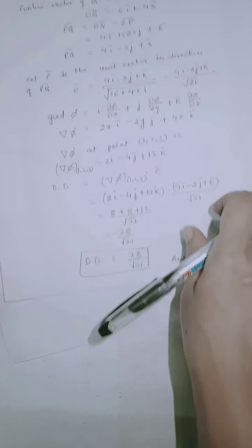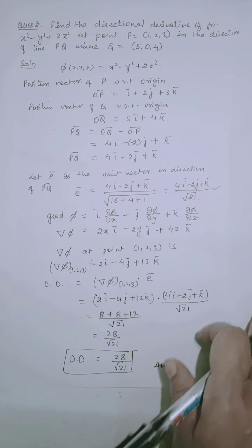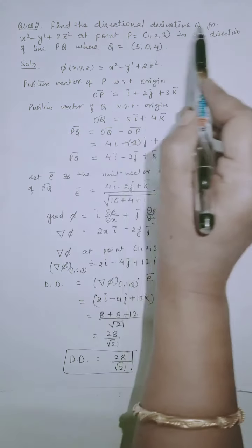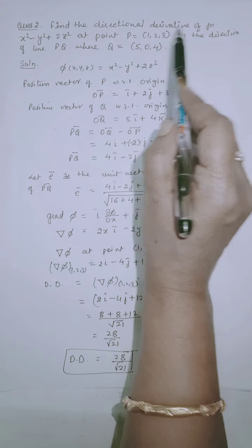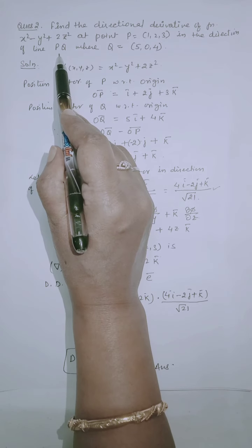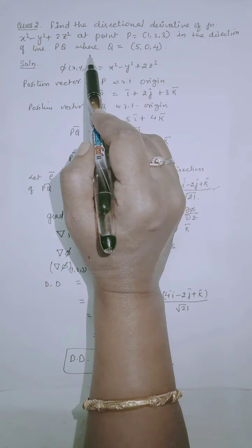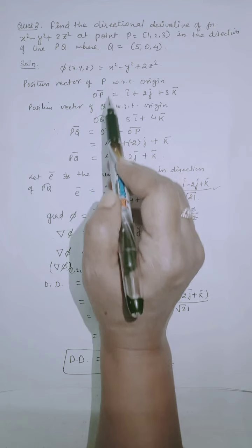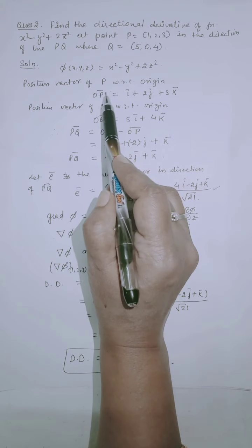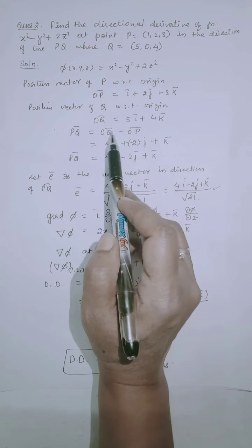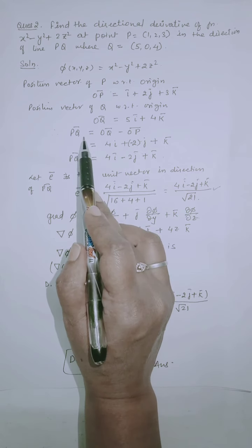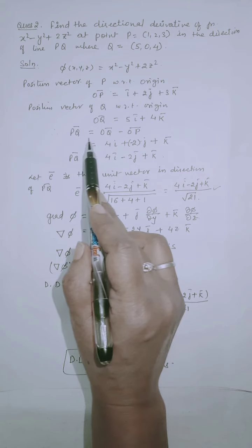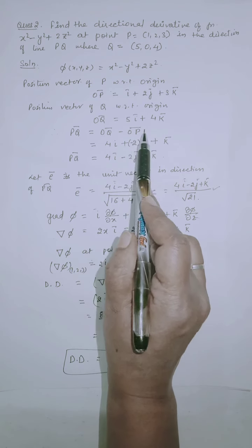Okay. So let's see the problem once again. You had to find the directional derivative of this function phi at point (1, 2, 3) in the direction of line PQ, where this is the point P and this is point Q. So first we got the position vector of P, then we got the position vector for Q. So we got the vector along line PQ, which will be OQ minus OP.